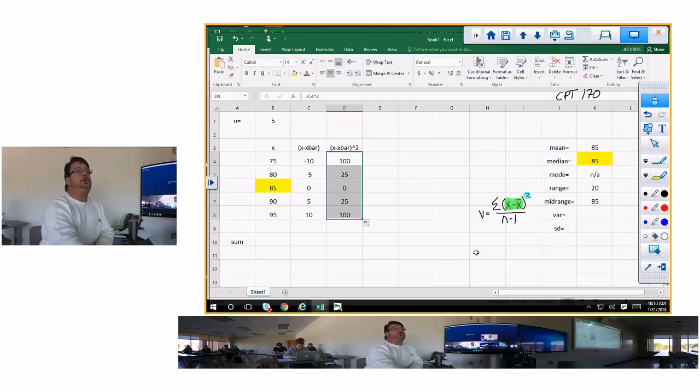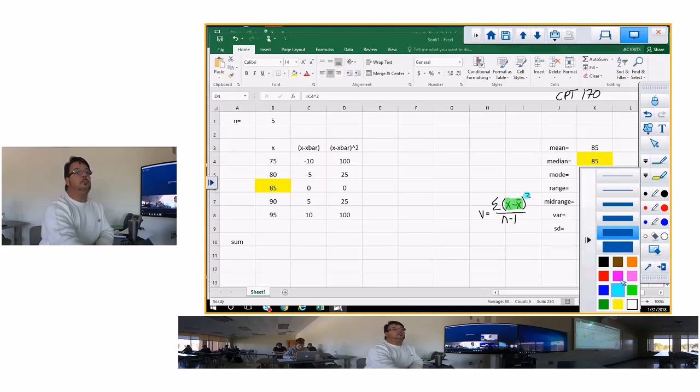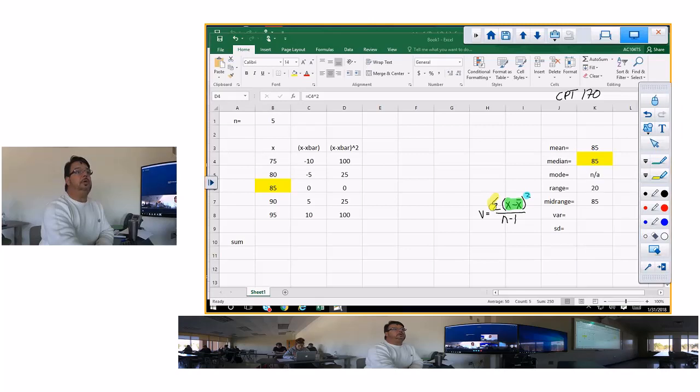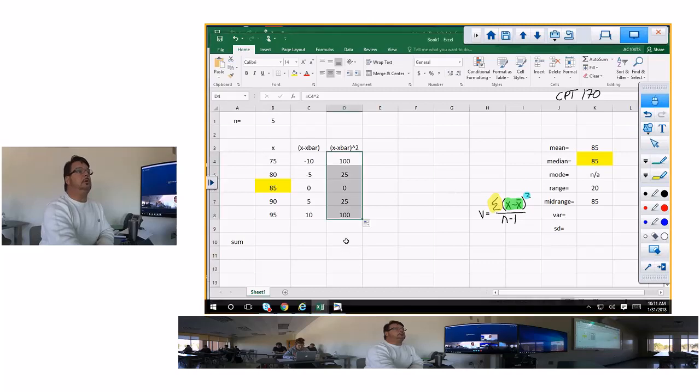And then what do we do after, and I'll take my handy dandy highlighter, and I'll make this yellow. What do we do after we do that? Add them all together. Good. So I'm going to go down here, and I'm going to auto sum, and that's that.